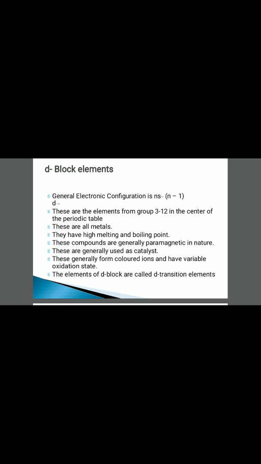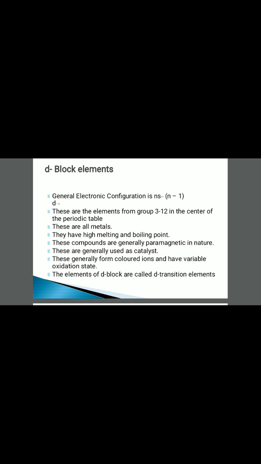Now, general characteristics of D block elements: they are hard, malleable and ductile with high melting and boiling points. They are good conductors of heat and electricity. Their ionization enthalpies are between S and P block elements. They show variable oxidation states.